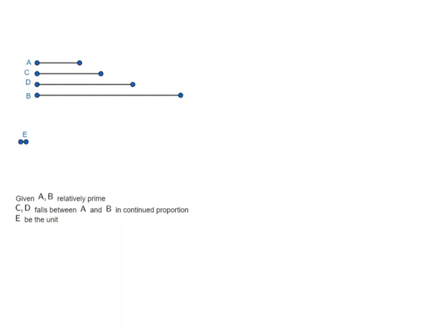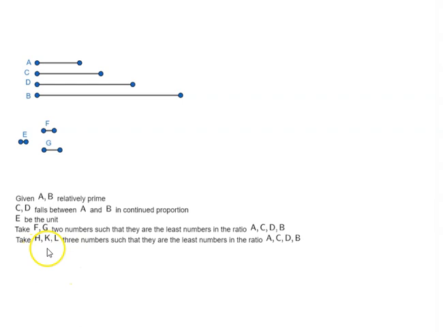E be the unit. Now the first thing that we do is take F and G, two numbers such that they are the least numbers in the ratio A to C. So let me bring in F, G. These are the least numbers in this ratio. The next step is take three numbers, H, K, L, such that they are the least numbers in the ratio A, C, D. So let's bring in H, K, L. We take four numbers.